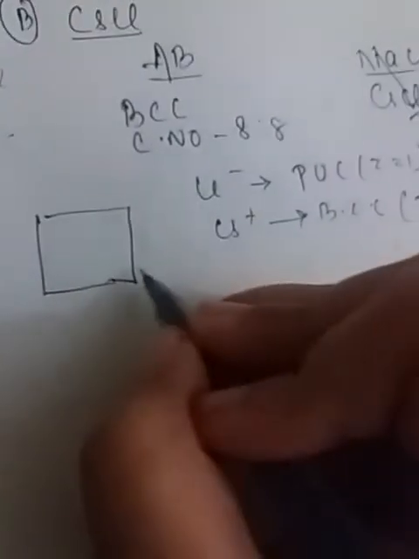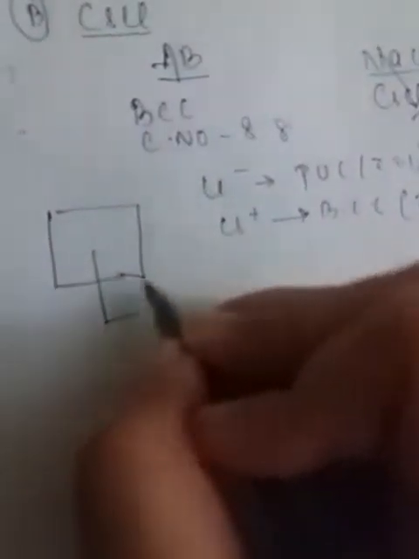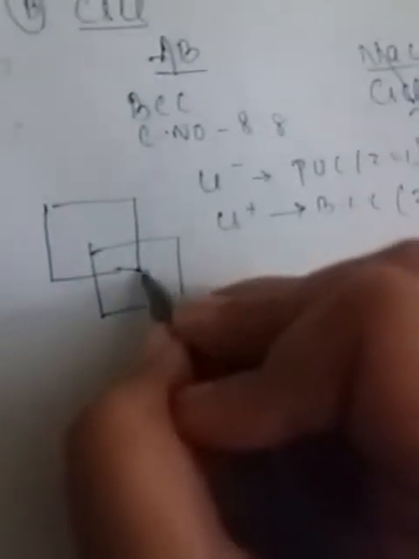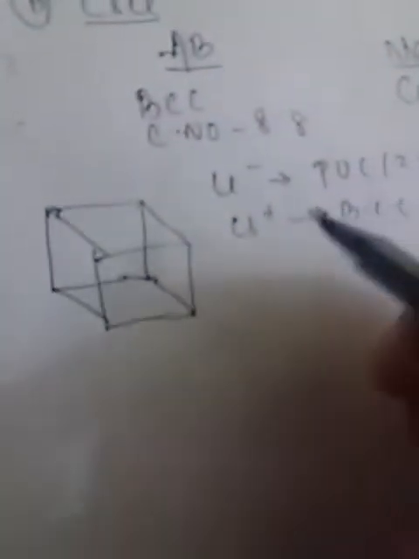So now I am just showing you the structure of it. If this is our unit cell, then from the middle just take something in the middle like this. Suppose this is the middle part.